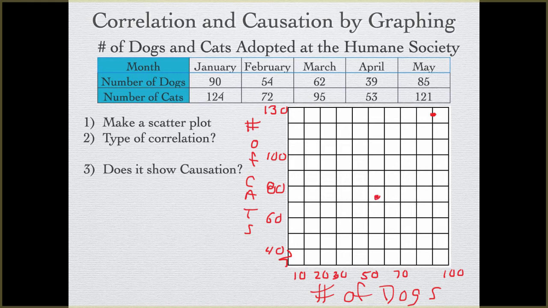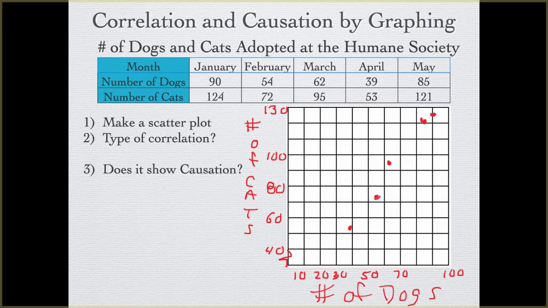When we do these scatter plots, it isn't estimating for the points. 62 goes to 95, which is right around in here somewhere. 39 goes to 53. So 39 goes to right around here. And 85 goes to 121. So we'll be right above the 120 line. Somewhere in there. That is my scatter plot.